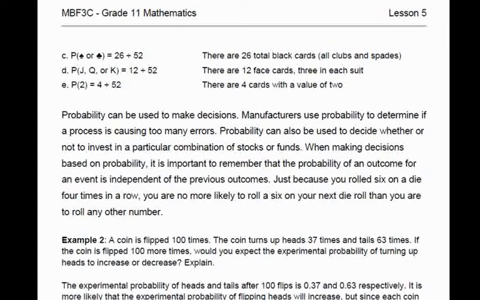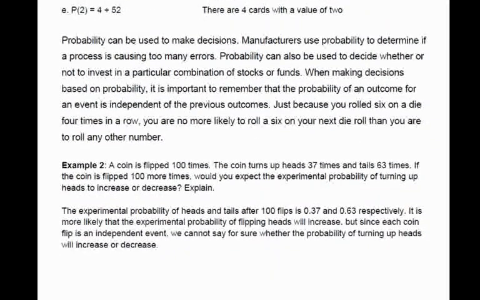The next part says that we can use probability to make decisions. It mentions how a manufacturer might use probability. You might use probability to determine how to pick stocks or funds. You'll see that in some future questions.